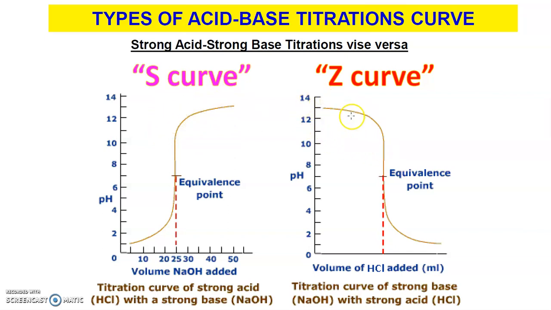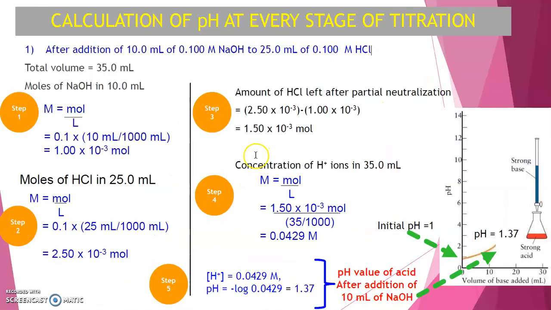Vice versa for the Z curve, in your conical flask is the base and in your burette is acid. So you need to write down properly, indicate on your graph the pH and also the volume of sodium hydroxide added in milliliters. Right?